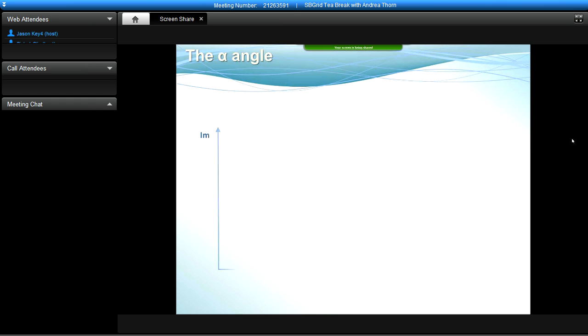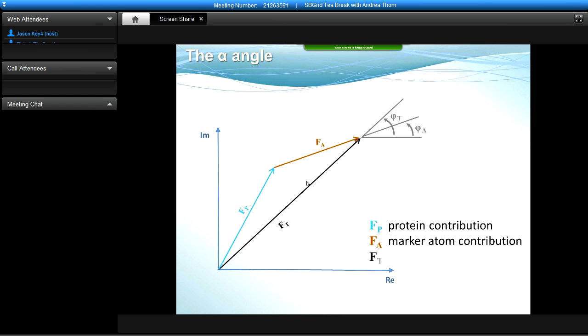So we use something we call the alpha angle. If you have your overall structure factor for a reflection in the complex plane, so you have an imaginary part here and a real part of the complex number here, this structure factor F total has a phase called phi total, which is this angle. You can regard this structure factor F_T as composed of two structure factors. One of them is F_P, the contribution from the protein, and one of them is F_A, which is the contribution of your marker atoms.